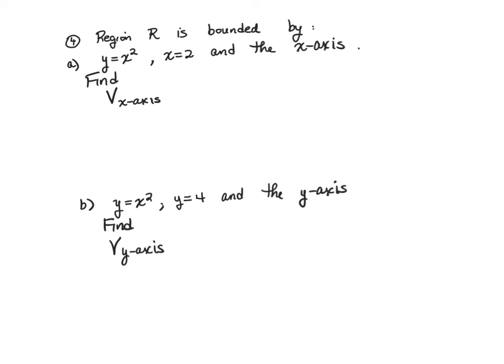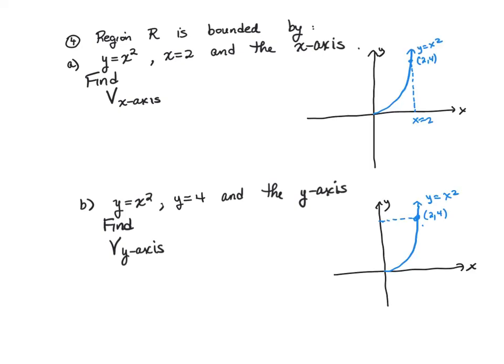So let's sketch the regions in 2 dimensions to see what the areas look like. If we take a look at the regions, x equals 2, y equals x squared, and the x-axis bound this region. And y equals x squared, y equals 4, which is at the intersection point, the same point up here, and the y-axis is this region.